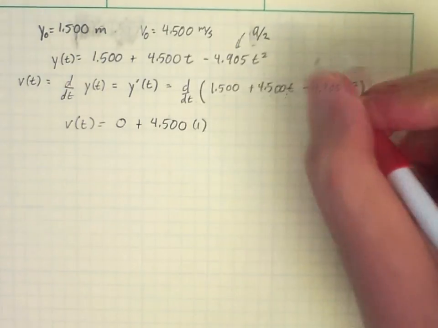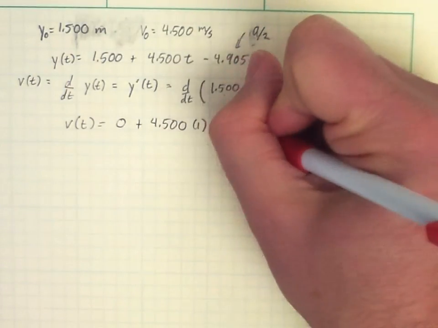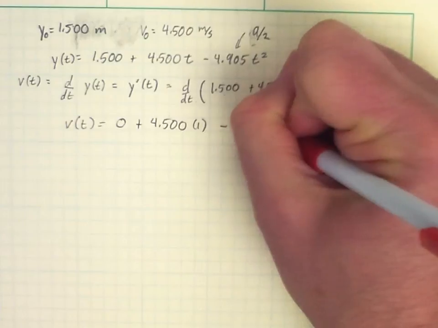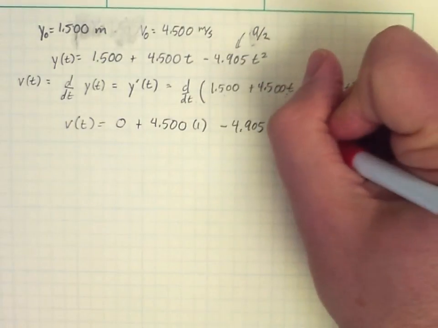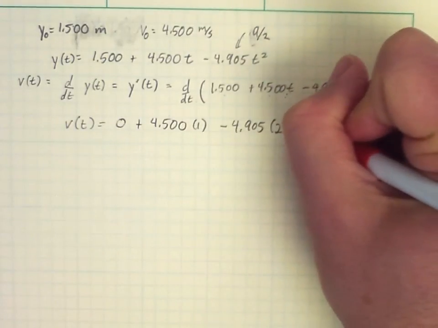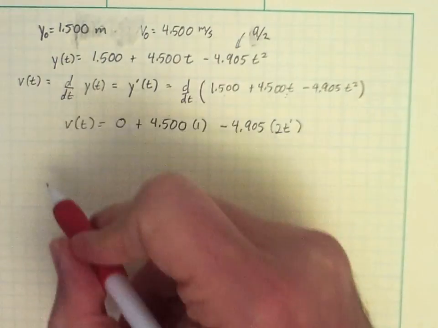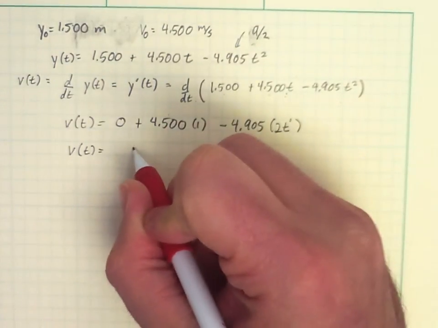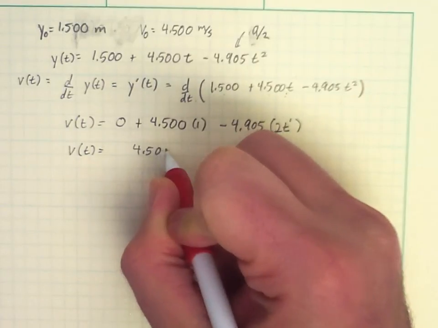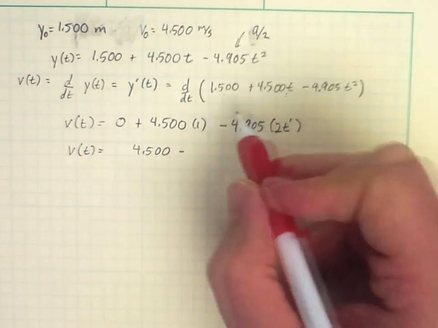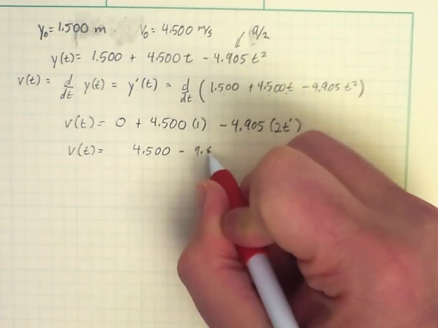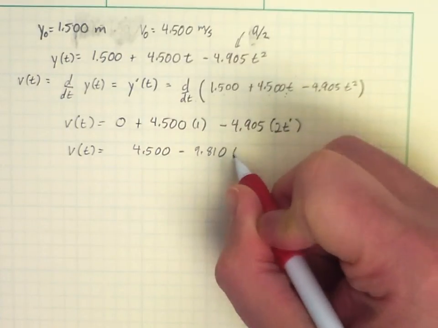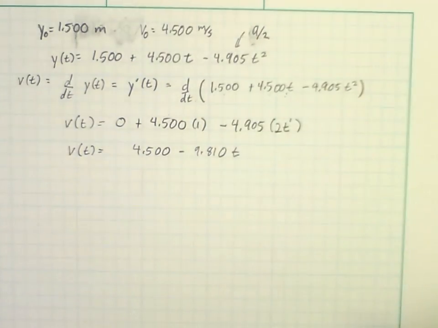And for this one, I get negative 4.905, my constant, times the derivative of what's in there, which is 2t to the first. So I can simplify all of that. That goes away. This is just 4.5. This, 2 times that, is 9.810 t. So that's my velocity as a function of time.